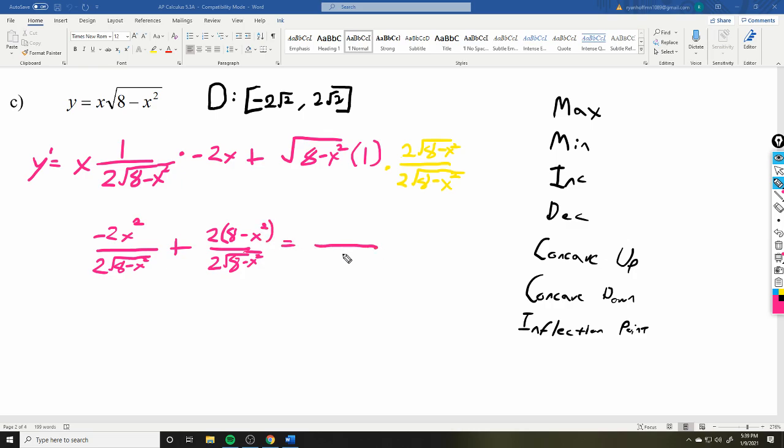So if we put it all under one fraction, then this is going to be 2 times 8, which is 16. And then we have a negative 2x squared. Well, that's going to be negative 2x squared minus a 2x squared here, which is a minus 4x squared.